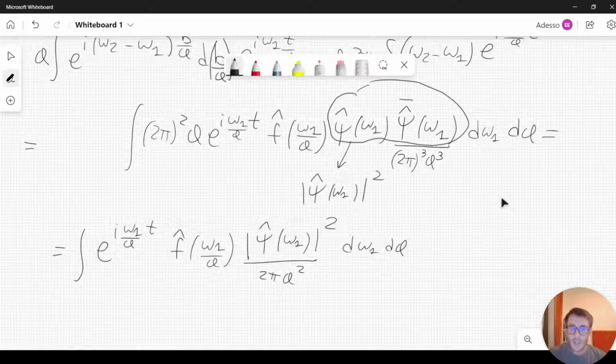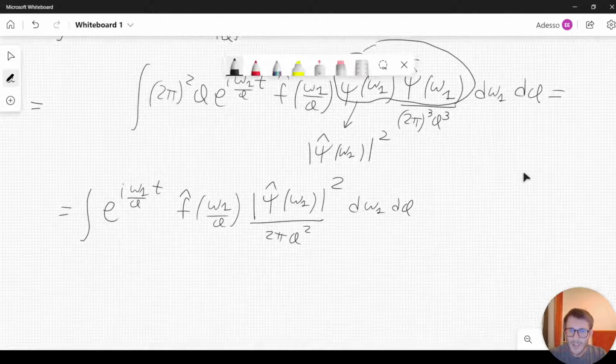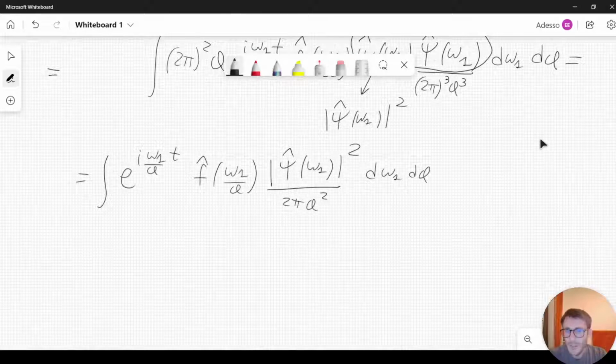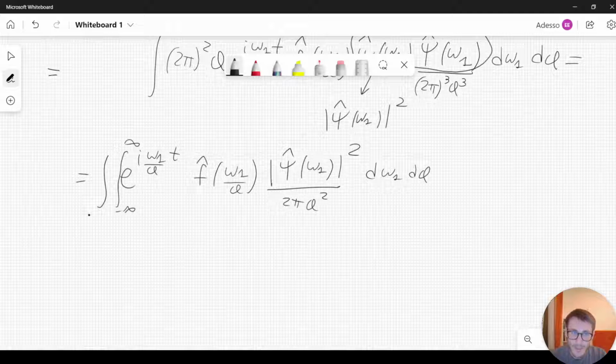We are not done yet, because in this case this is a double integral that you cannot really separate if we write it like this. So here I have a double integral. Remember that I have to integrate from minus infinity to plus infinity, from minus infinity to plus infinity here, so over omega 1 and over a. But the integrand that I have here depends both on a and on omega 1.